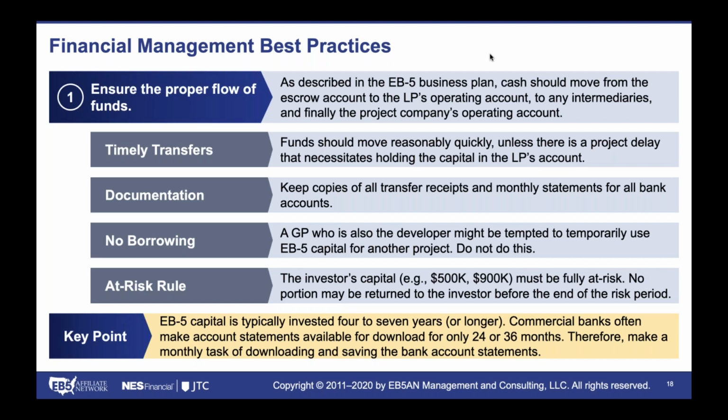This is important on the immigration component, because if you don't track this accurately or funds don't flow the right way, the immigration status of all the investors could be jeopardized. So that's why it's critical to know how to manage the flow of funds, keep all of the information, and have all of the backup.